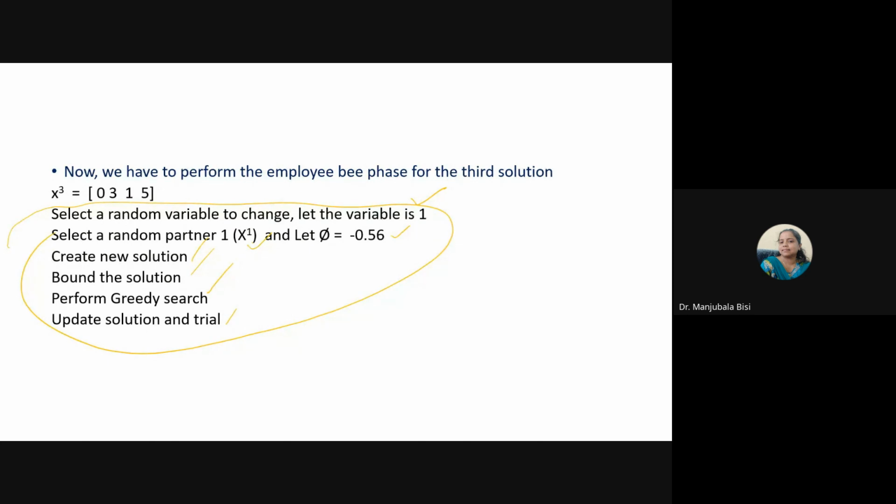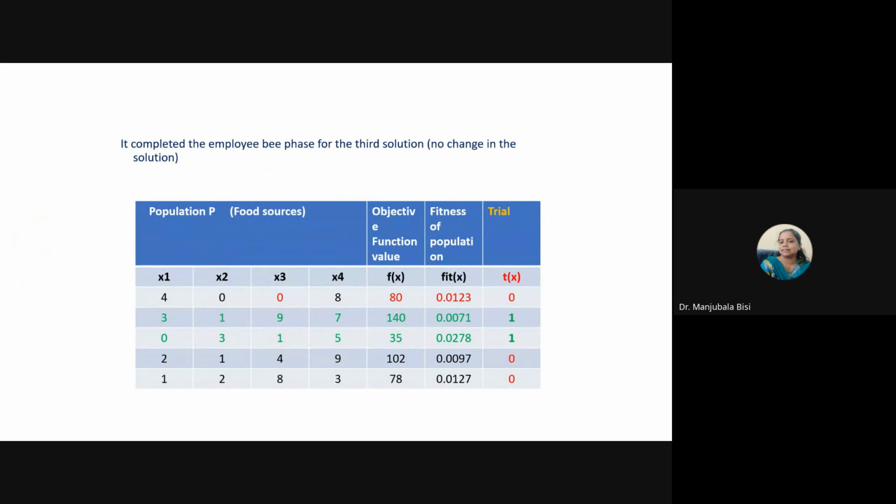Let us assume with this consideration we are unable to get a better solution from 0315 also. In the previous case, the trial counter for the third solution is 0. We keep the same solution 0315 because we are not getting a better solution. So the trial counter is incremented by 1. With this, the employee B phase for the third solution is over.